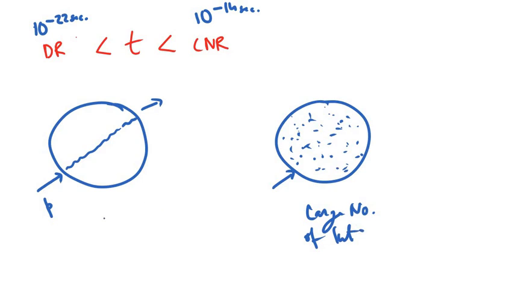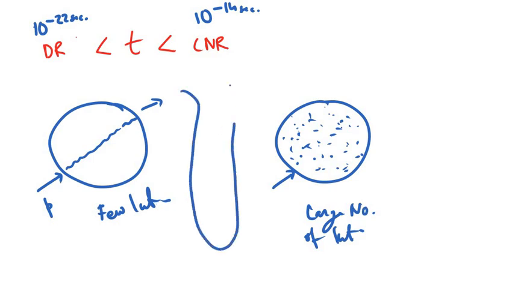and here we have very few interactions, right? So there will be a case which is in between. That means intermediate between the direct and compound nuclear reaction, and that reaction is known as pre-compound reaction.